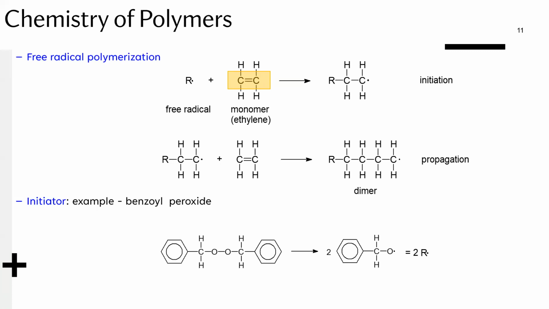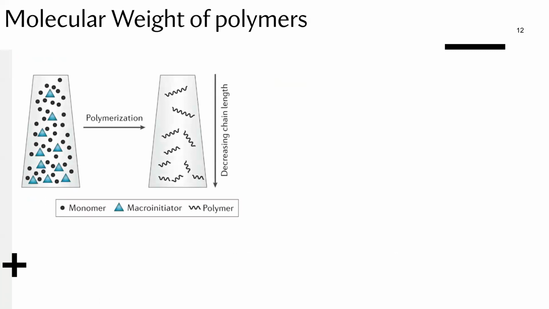Throughout the production phase, there is no way to precisely control how many of these units you get, because you've got all sorts of reactions going on at different phases, and you've got lots of these different propagating dimers or other polymers trying to get larger and larger, competing against each other. And so at the end, you're going to have a mix of all sorts of polymer lengths. So what happens is throughout the polymerization, you get different lengths, and that means you get different molecular weights.